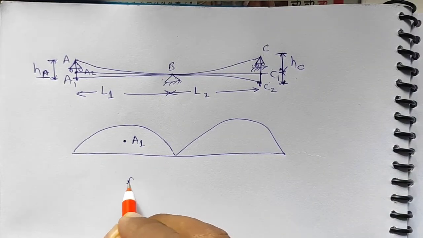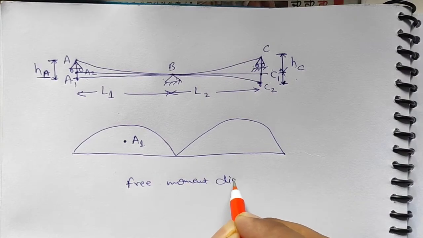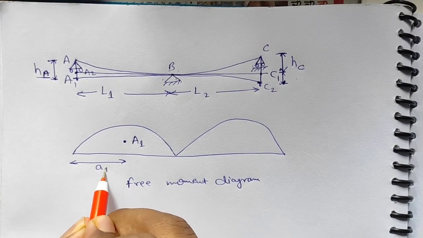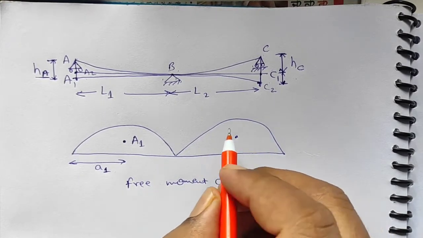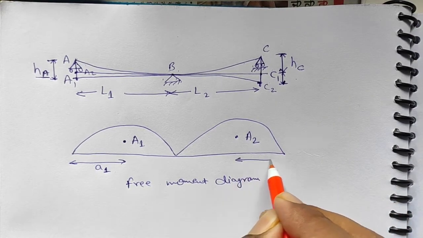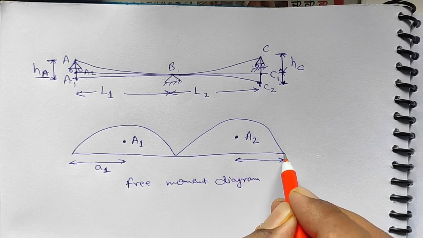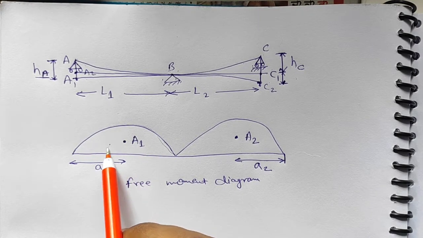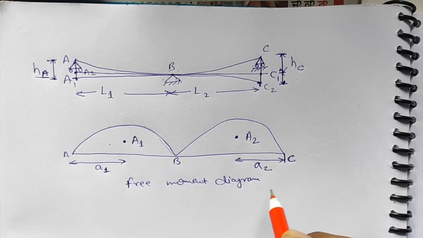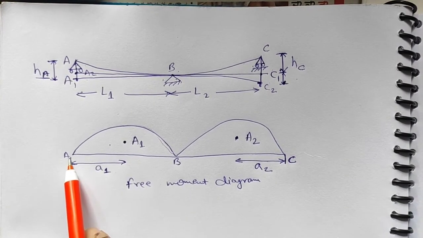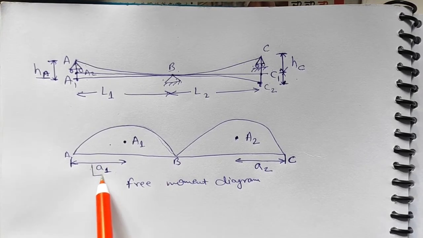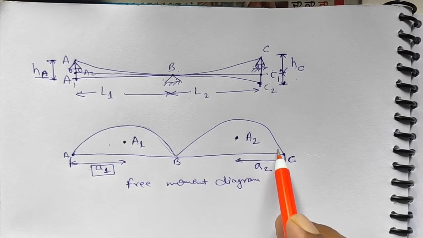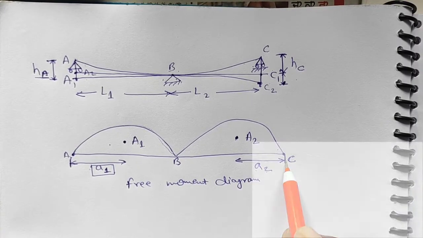This is a free moment diagram for the two beams A, B, C. Let the area of the portion of beam AB be a1 and the area of the portion of beam BC be a2. Let the centroid of AB be at a distance small a1 from support A. Similarly, the centroid of BC is at a distance small a2 from the end C.